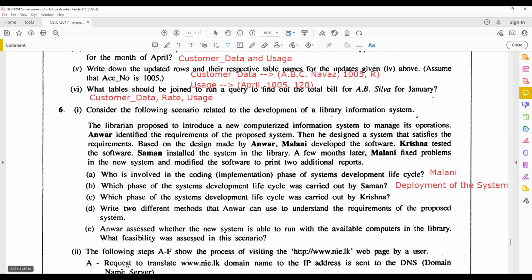Then Krishna, what does Krishna do? Yes, Amasha, I'm not getting answers from you. Krishna tested the software. So testing. So what do we call it?